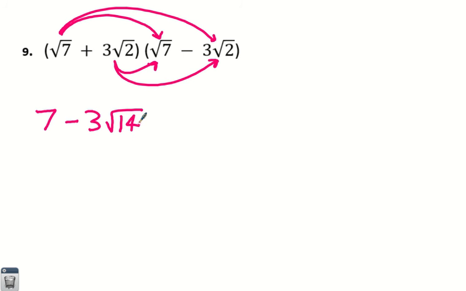The 7 and the 2 can multiply together. Here, 3 root 2 times root 7, once again the roots will multiply together. The 3 doesn't really have anything to multiply with, unless you consider there's a 1 out in front, but whatever.